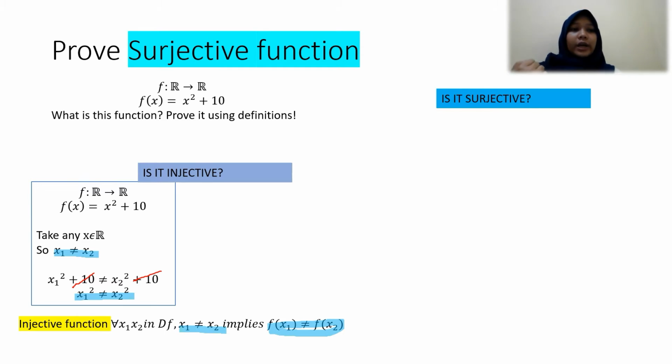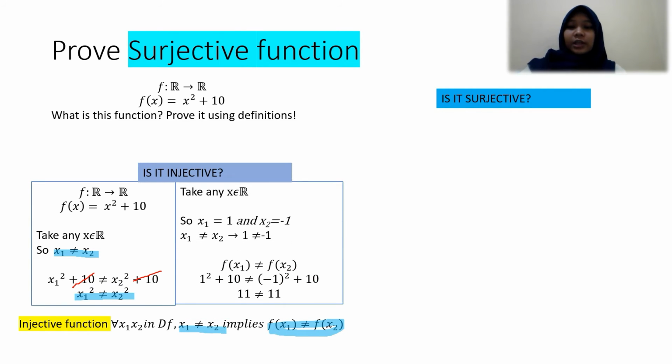But look at what happens when you try with real numbers like this. Take any x element of R. This time, I also choose x1 is 1 and x2 is negative 1. So x1 not equal to x2, right.